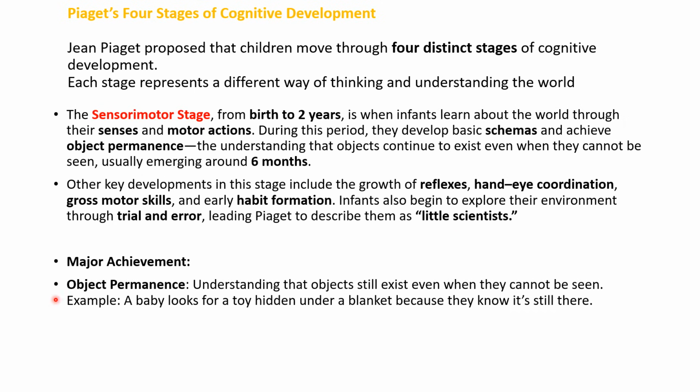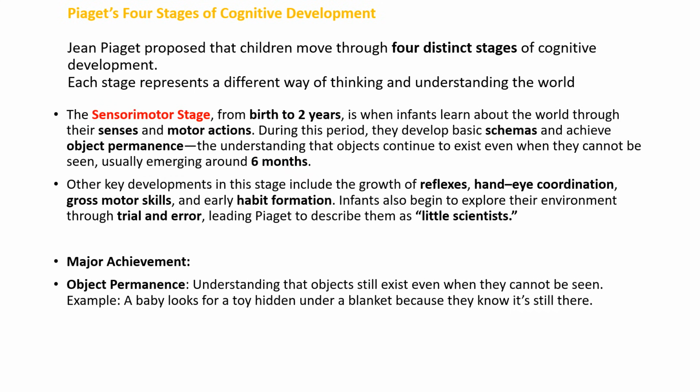We have already talked about object permanence. That is a major achievement at this stage: understanding that something still exists, even when it cannot be seen. Example, a child looks for a toy hidden under a blanket because they know it is still there. Could be that you hid the toy under the blanket and already gave it to him or her.